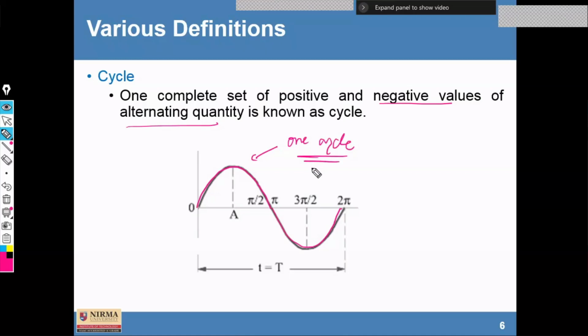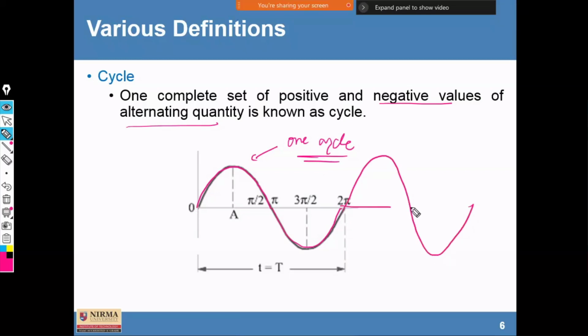One complete set of positive and negative values of an alternating quantity is known as a cycle. Fine. So if another cycle is there, then we can say there are two cycles here, with respect to the time axis.